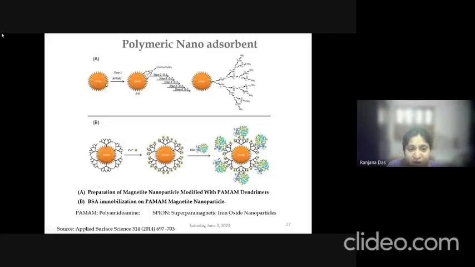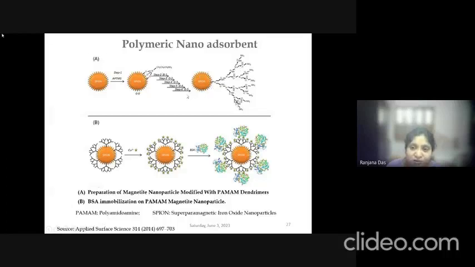Now this nanomaterial is modified with some polymers. And once it is polymerized, we have this type of structure. That means lots of functional groups have been introduced surrounding this nanomaterial.